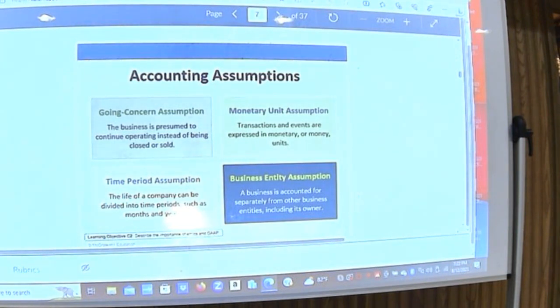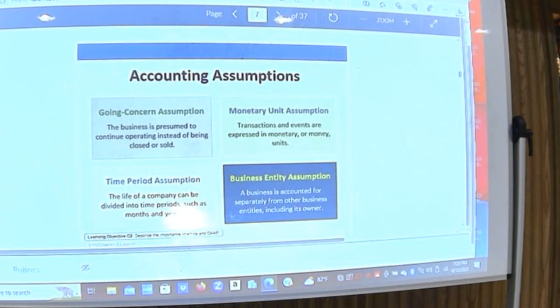Time period assumption there on the bottom left. We can divide the life of the company into time periods. So in other words, we could divide the information into months or quarters or years. And then business entity assumption, we have to be very careful with this one.